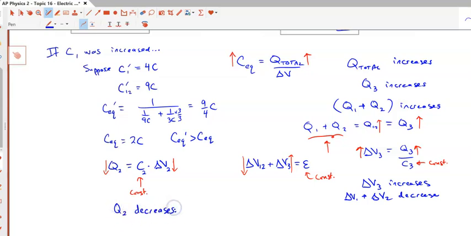Okay, so our last piece is we've got charge 3 going up, charge 2 going down, and what happens to charge 1, right? So how do we answer that? So my first thinking was perhaps I just use the same formula and say Q1 is equal to C1 multiplied by voltage 1.